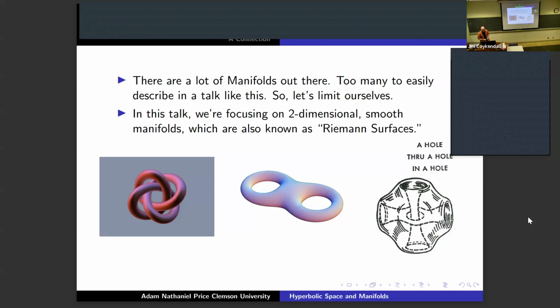These are known as Riemann surfaces. These are three examples. This one looks all twisted. That's just a torus. This one over here is a double torus, genus 2, for those who know. And this one is a hole through a hole and a hole, which I thought was so great. I just had to.